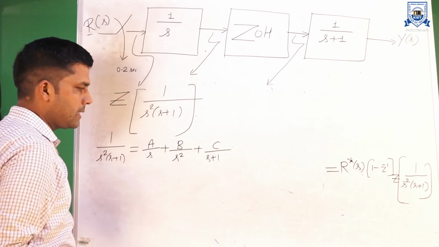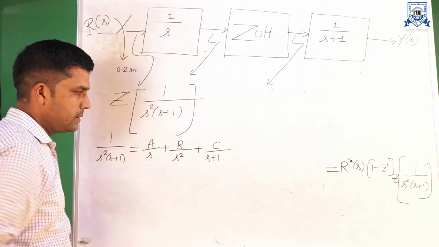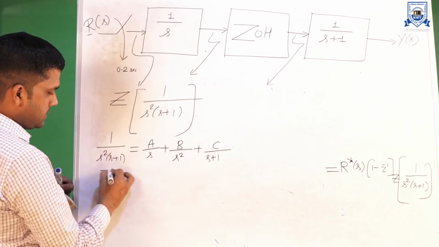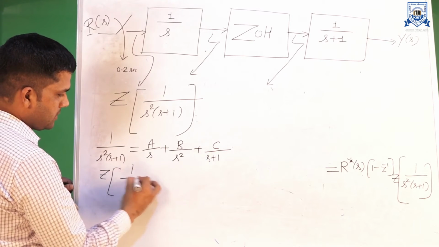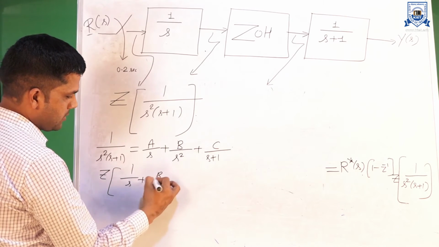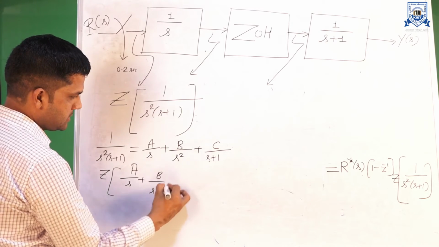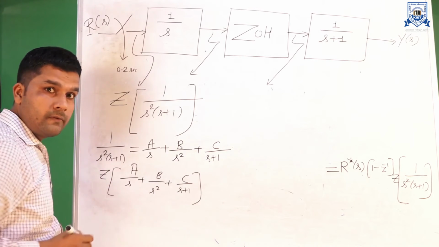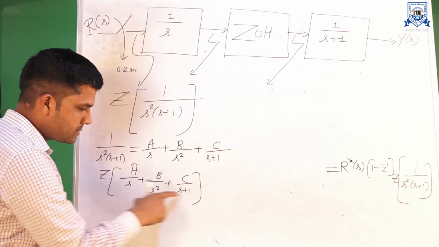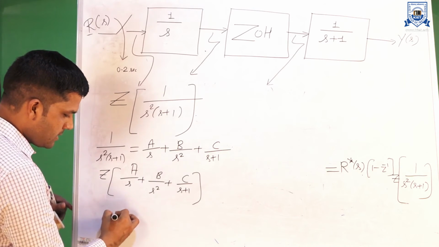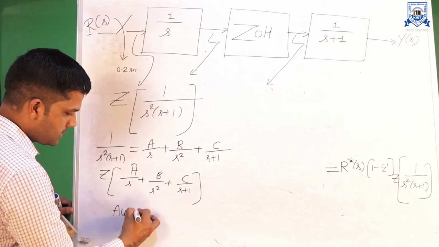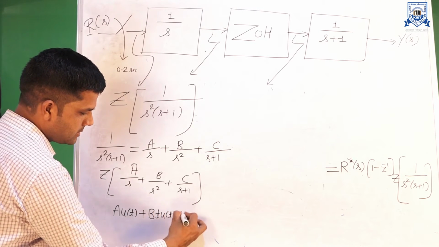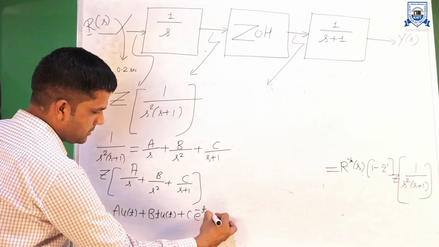Here we are not calculating the coefficients of the partial fraction. What is the inverse Laplace of this? A u(t) plus b t u(t) plus c e to the power minus t u(t).